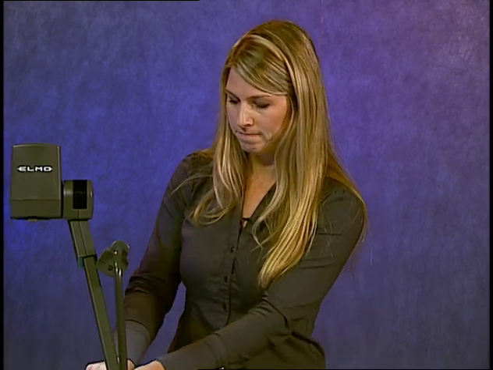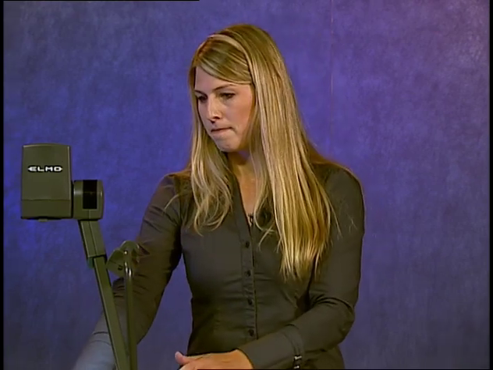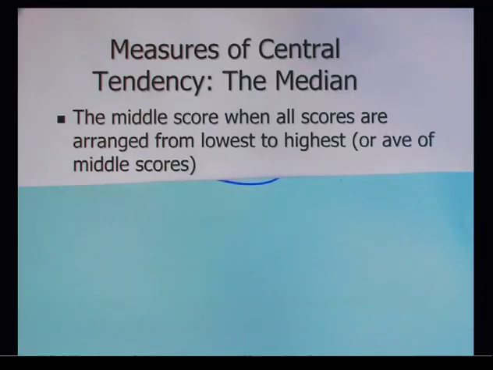All right, let's move on to the next measure of central tendency, which is the median. Now, the median is different than the mean because the median is the middlemost number. Okay?